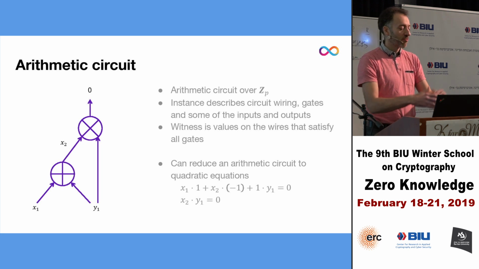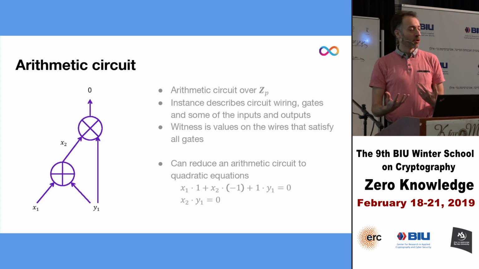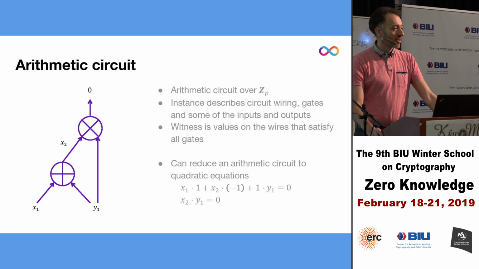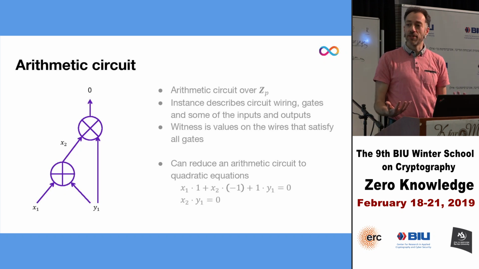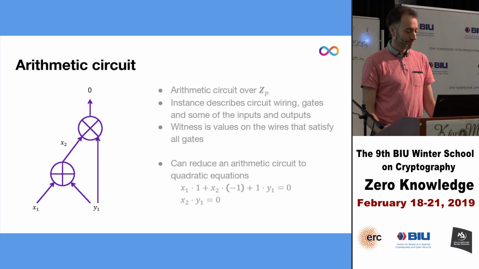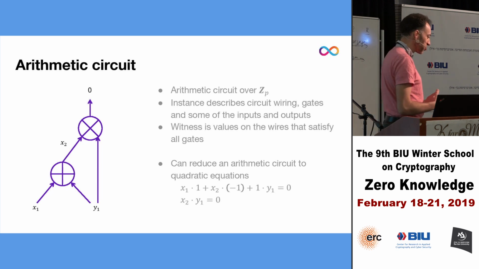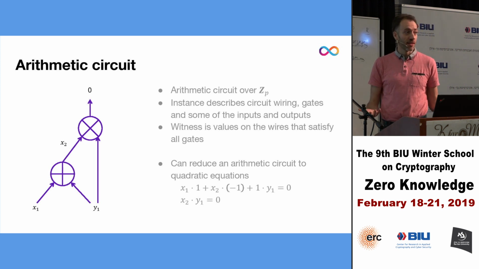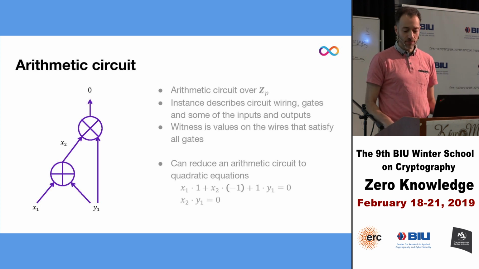In general, when you have larger and more complex arithmetic circuits, you can easily encode them with quadratic equations. So that shows that quadratic equations also allow us to describe in a more direct way the satisfiability of an arithmetic circuit. Okay, so that shows that these Groth-Sahai proofs are NP-complete and capture general computation.